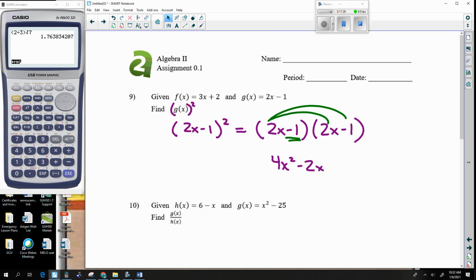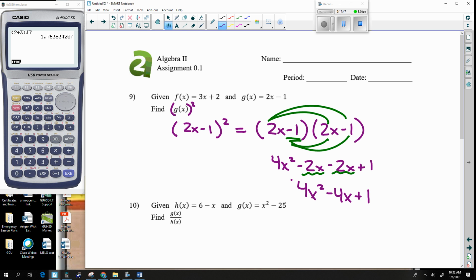Move on to the next piece, which is the negative 1, and repeat that process. So that'll be negative 2x and a positive 1. 1 times 1 is 1. And then I combine those middle like terms of these negative 2x's. So this is going to be 4x squared minus 4x plus 1.